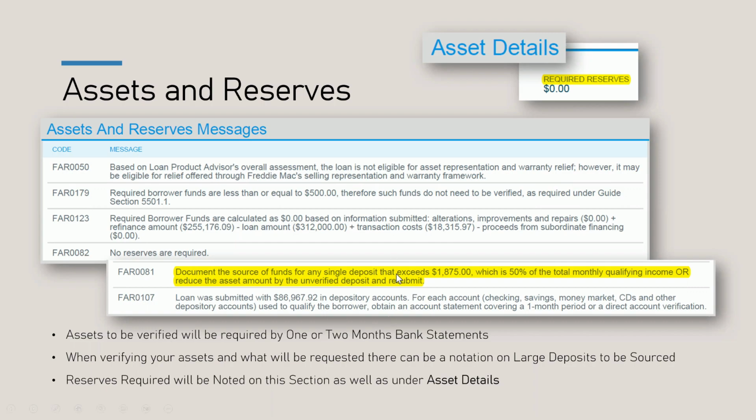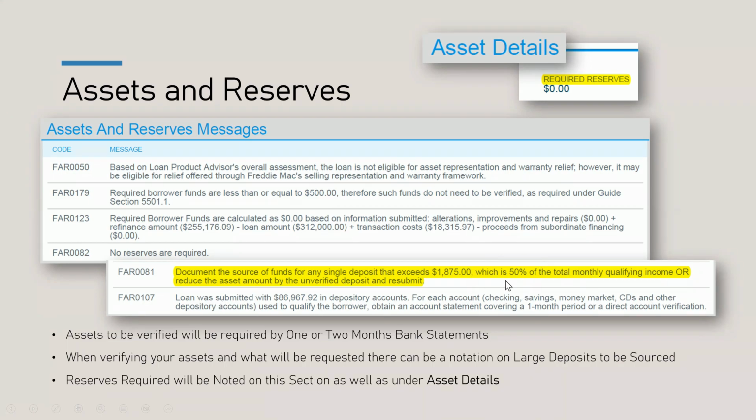But do keep in mind, if you are sourcing any type of funds, especially with LP, it is going to tell you what type of funds you need to source. As you can see, some people are like, oh, it's less than $2,000, so we can ignore it. No, if it's telling you here to source funds that are exceeding $1,875, guess what? That $2,000 deposit must be sourced.